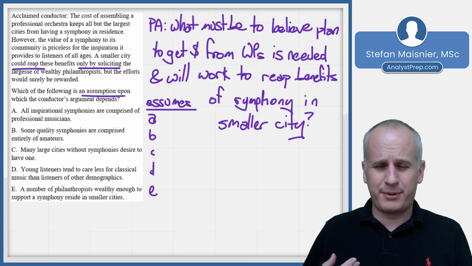So I'm not going to predict any more specifically than that, but I basically need to show that A, we need this plan, and B, that it's going to work.